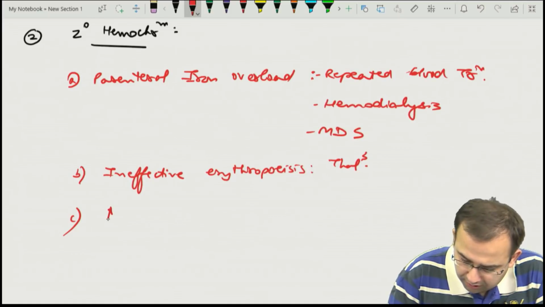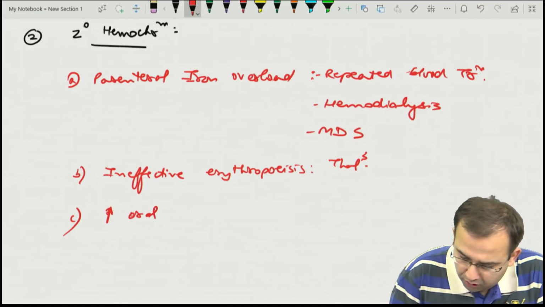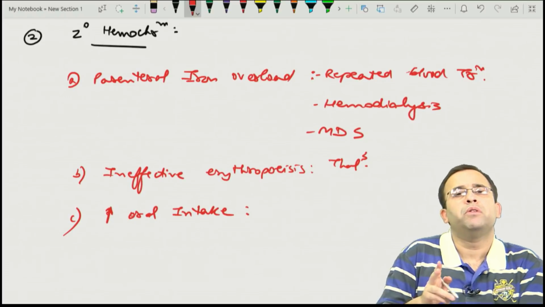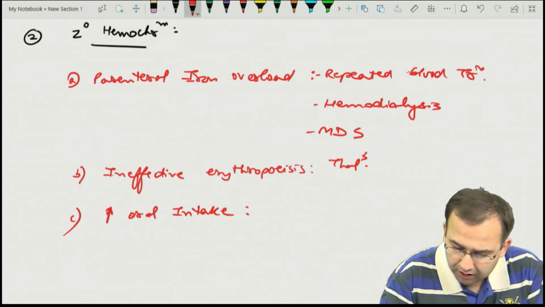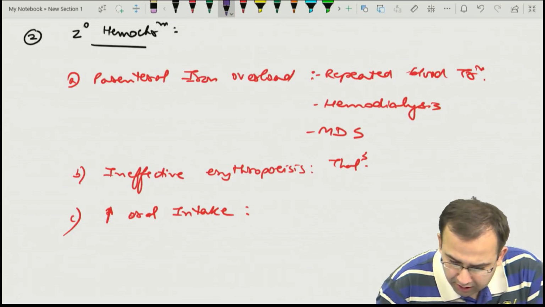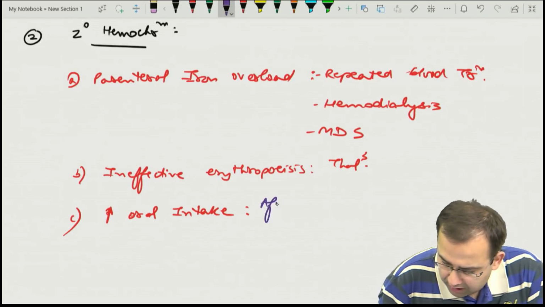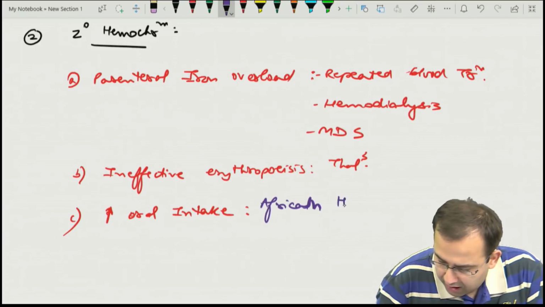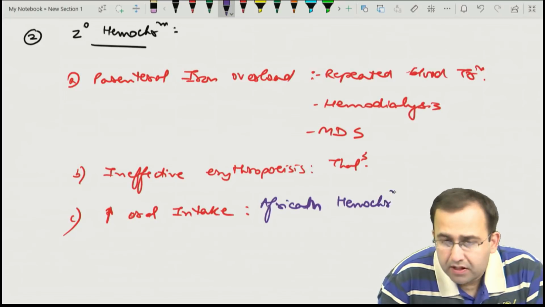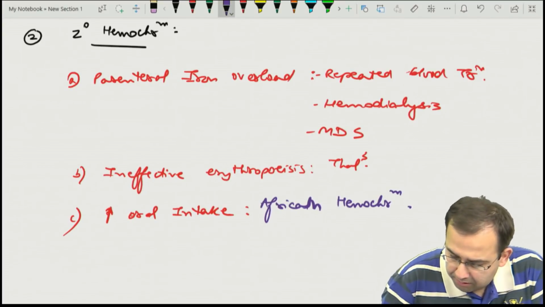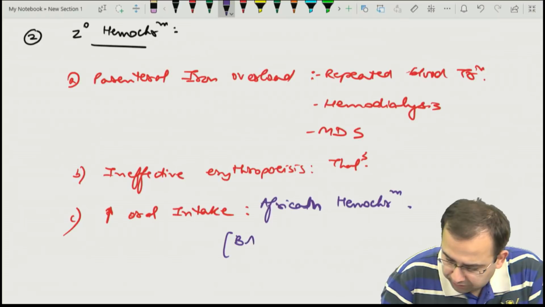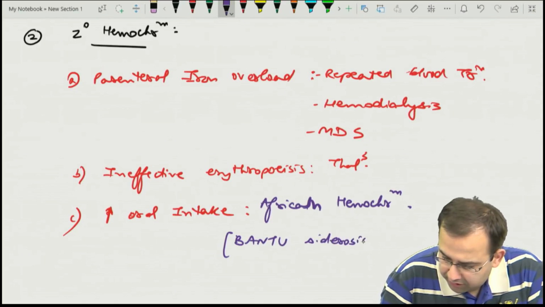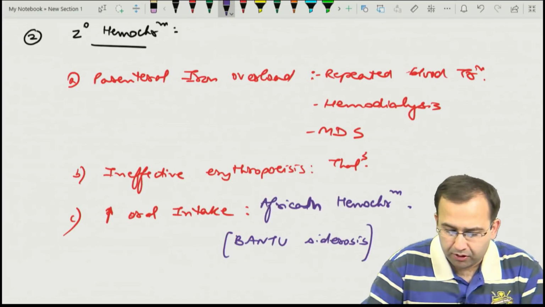And the last is increased oral intake. Increased oral intake of iron would be associated with people living in which continent? Africa. So this is African iron overload or African hemosiderosis, African hemochromatosis, also called Bantu siderosis.